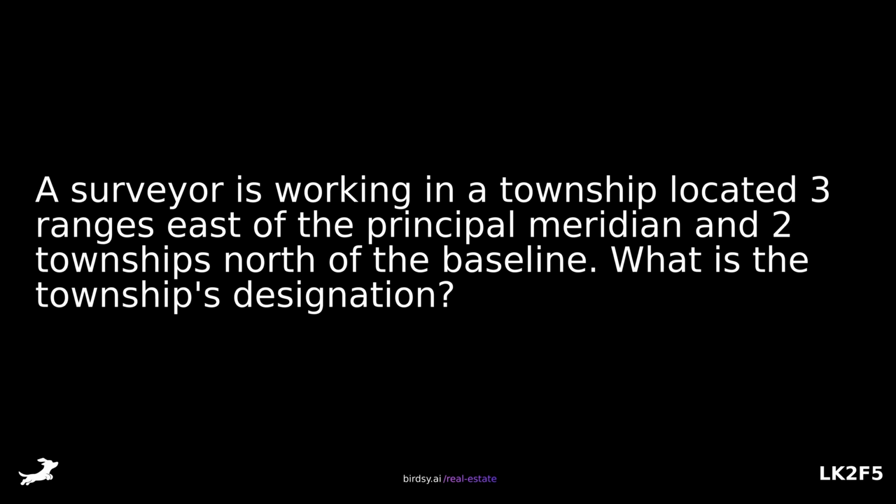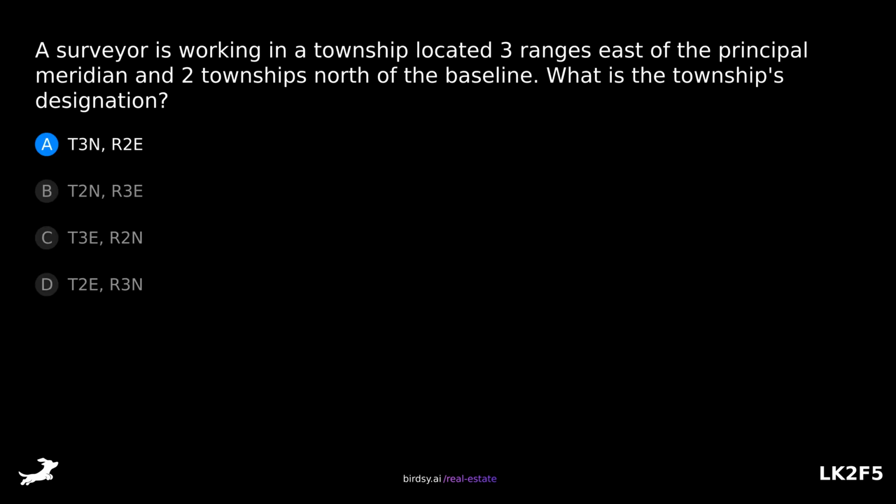A surveyor is working in a township located 3 ranges east of the principal meridian and 2 townships north of the baseline. What is the township's designation? Is it A, Township 3 North, Range 2 East? B, Township 2 North, Range 3 East? C, Township 3 East, Range 2 North?